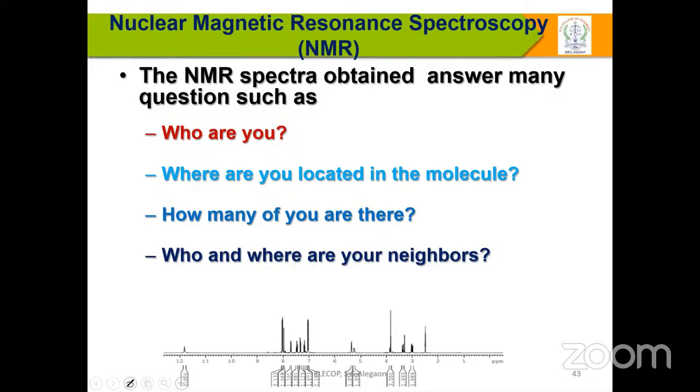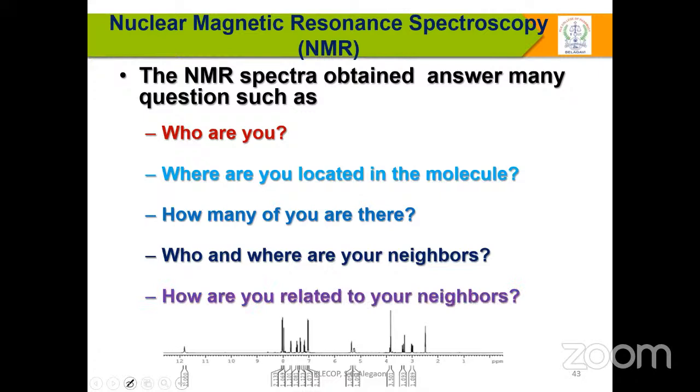That is another question. If you ask your NMR spectroscopy, it can give the right answer. Finally, how are you related to your neighbor? Whether you are one bond nearer, or two bonds nearer, or very far away from your neighbor. These types of questions and answers you are going to get when you hold any NMR spectrum.